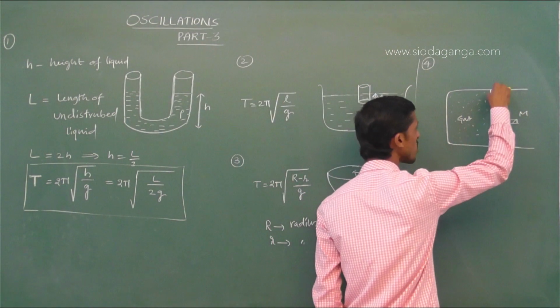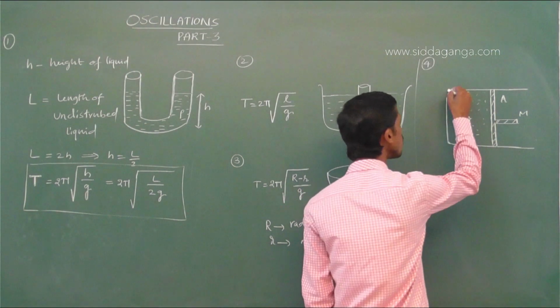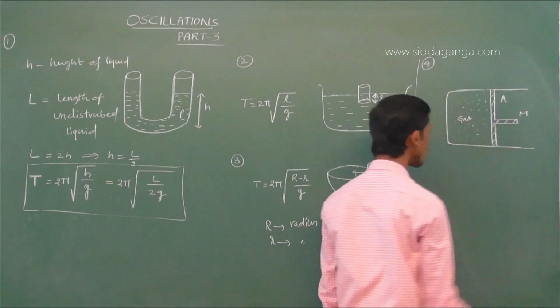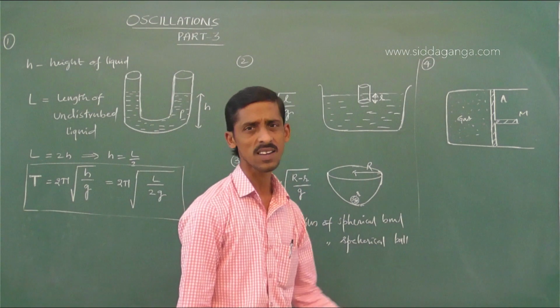As we are taking a cylindrical container, the cross section is a circle.